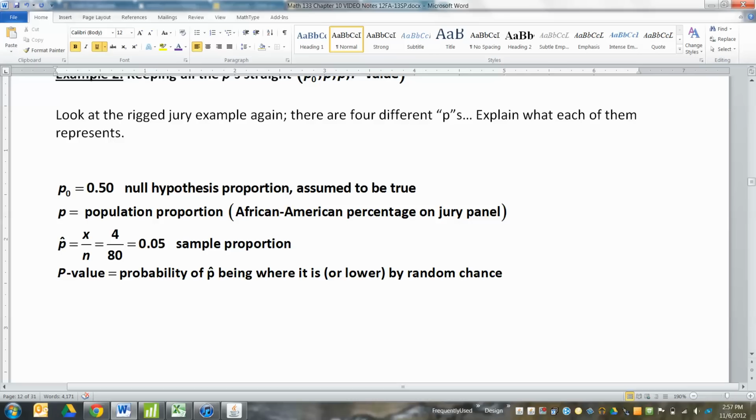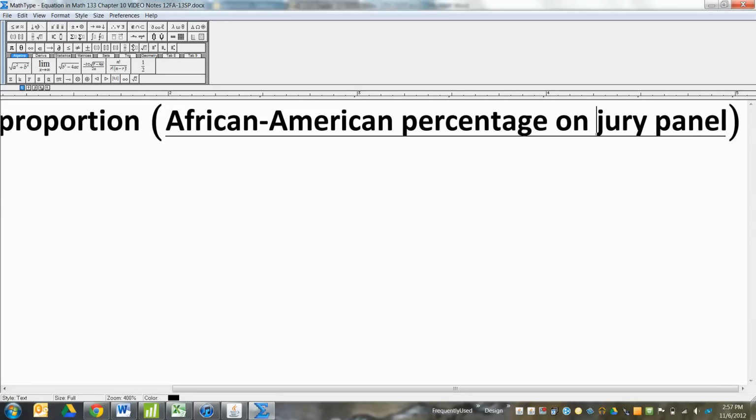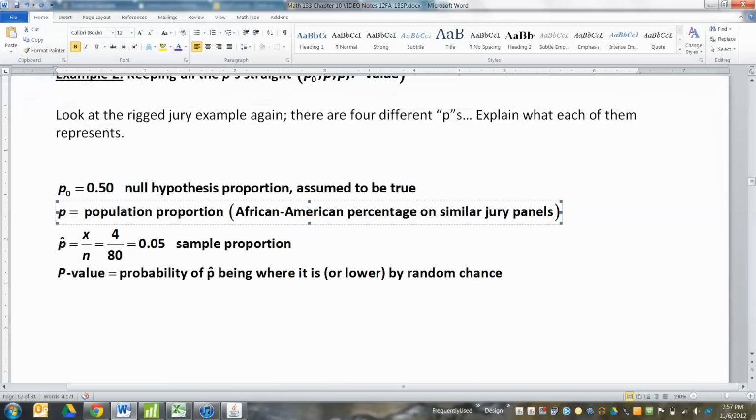But in general, it's really the African American percentages on all jury panels in that area, or similar jury panels, because it's not really just about this one case. It's about how it would work in all cases. But suffice it to say, it's the population proportion. And again, that's a parameter that's unknown. It's about the population. We only know our sample value down here.